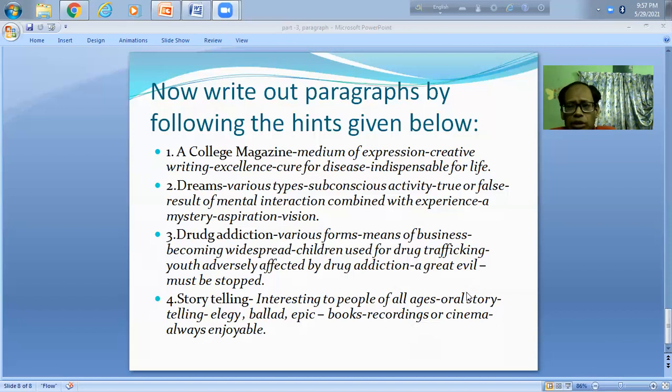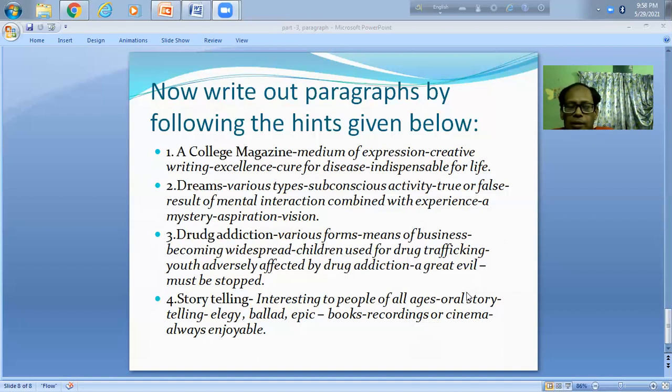So it has become a means of business. People who want to make money very quickly are indulged in drug trafficking. They think that if they can spread any particular drug among the young boys and girls, they will be successful in making money quickly.